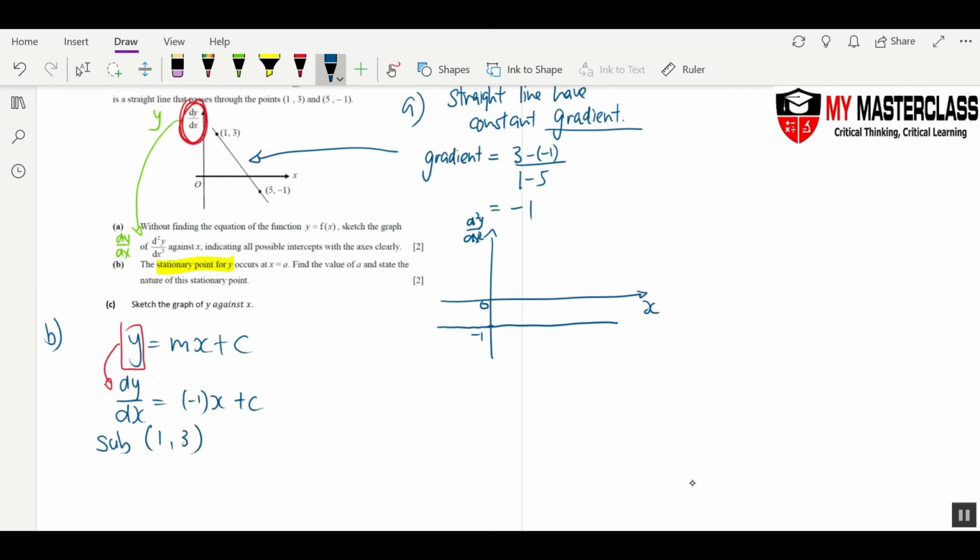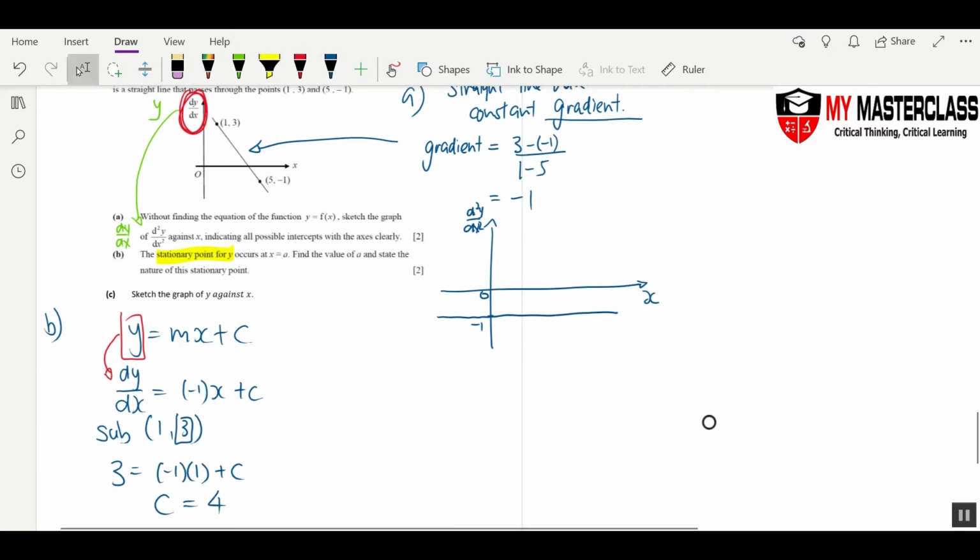It's better to work with positive values. So this 3 is not a y. This 3 is the dy/dx because the y-axis is dy/dx. So 3 equals negative 1 times 1 plus c, which makes c equal to 4.